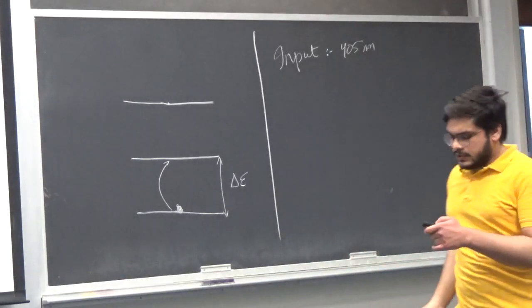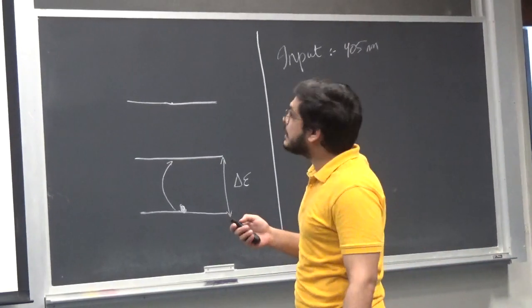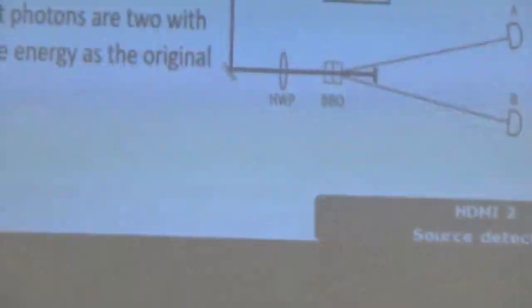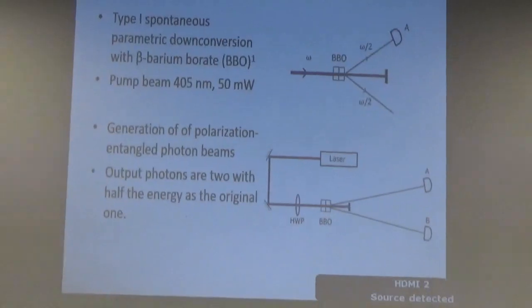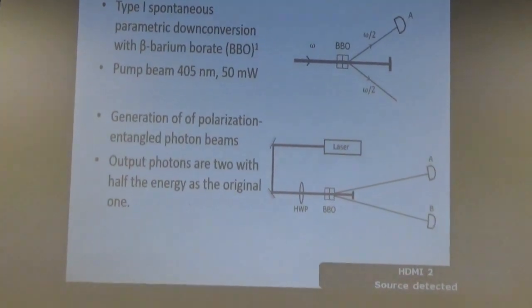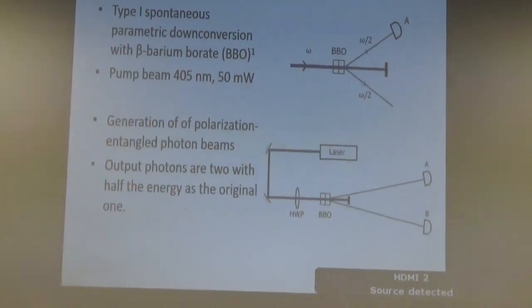This crystal takes in those photons of 4 or 5 nanometer and converts them with some nonlinear process into a couple of photons of 8-10 nanometer. So that's like half the energy of the incoming photons.